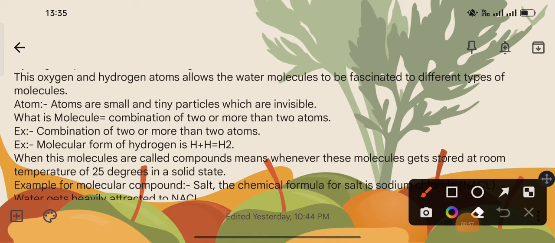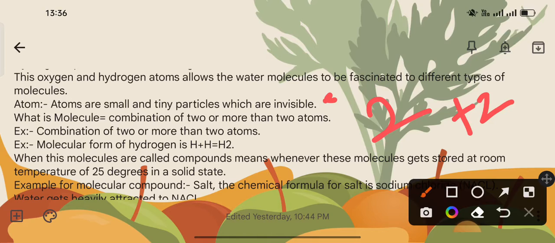Atoms are small and tiny particles which are invisible. And what is a molecule here actually? A molecule is nothing but a combination of two or more atoms. The molecular form of hydrogen is H plus H, that is H2.